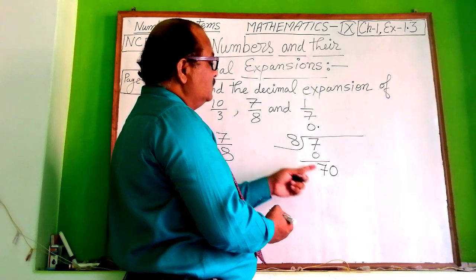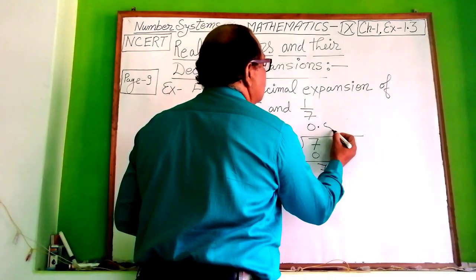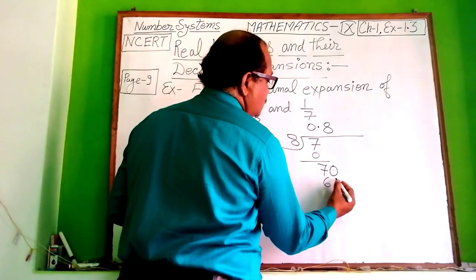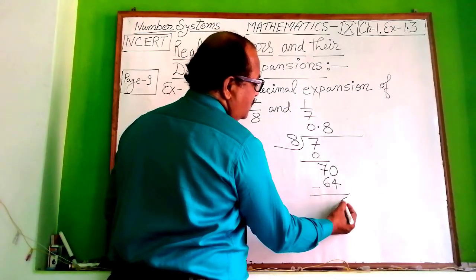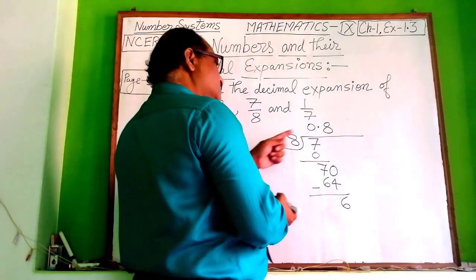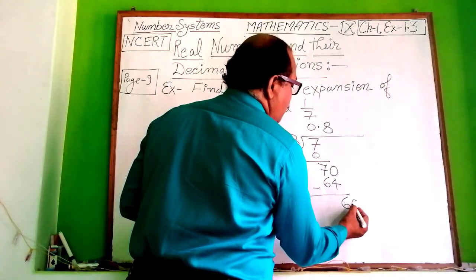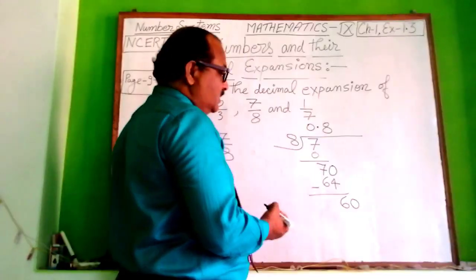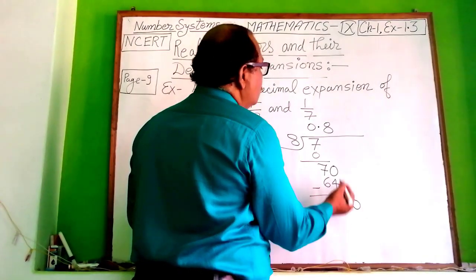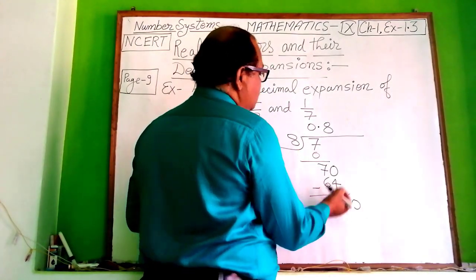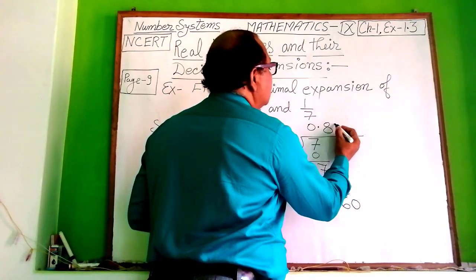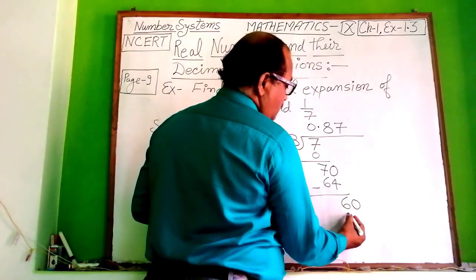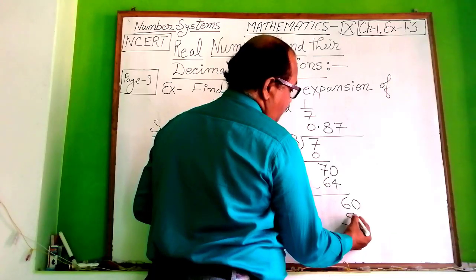So 8 8s are 64. Now subtract, so it is coming 6. Since decimal is here, you can increase 1 0, and now 8 7s are 56.